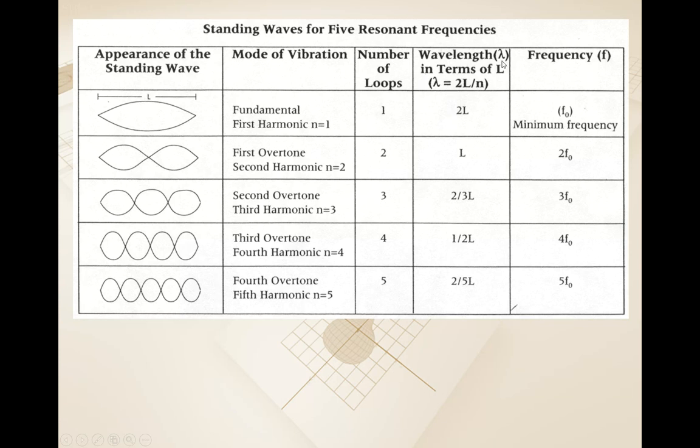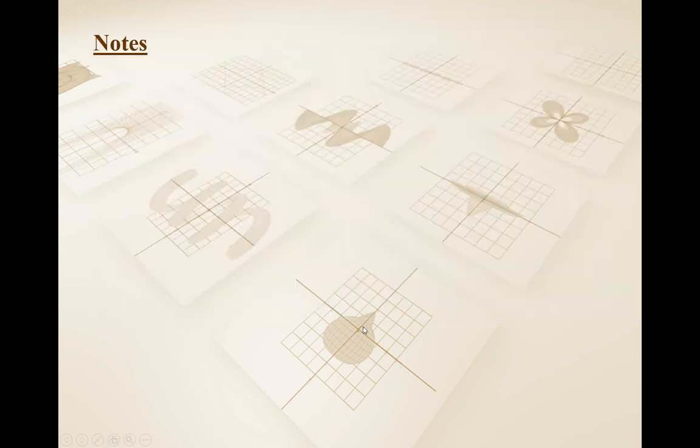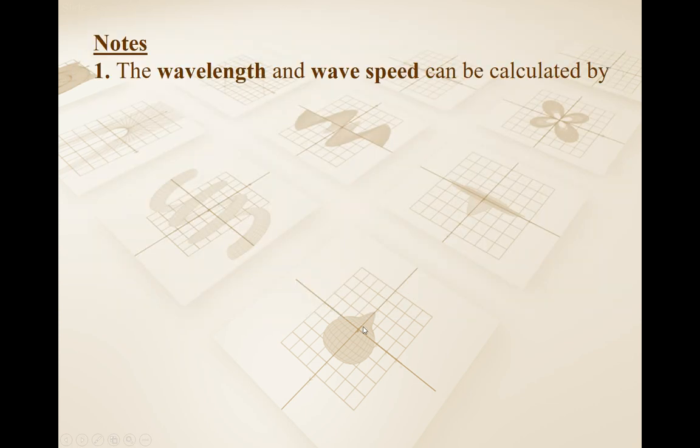Now, we're also going to look at a mathematical equation that's going to relate the wavelength of the wave to the actual length of the string. Okay, so let's get into the math behind this. We have 2 equations that we can use to calculate both wavelength and wave speed.